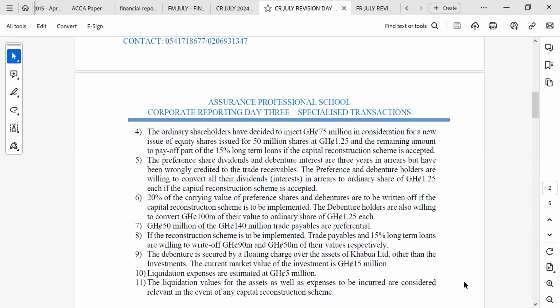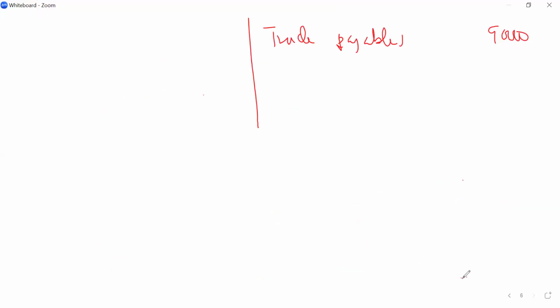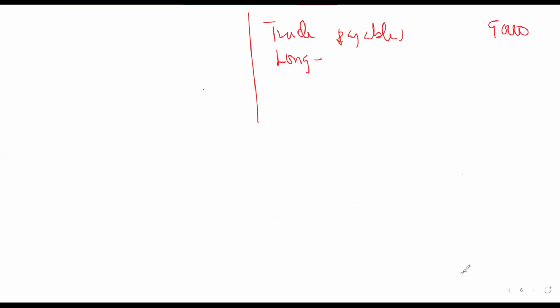So let's come here and have the trade payables. That will be 90,000. The next people is what? 15% long-term loan. So they are also writing their value down. Okay, that will be bank loan. I'm sure that is bank loan.